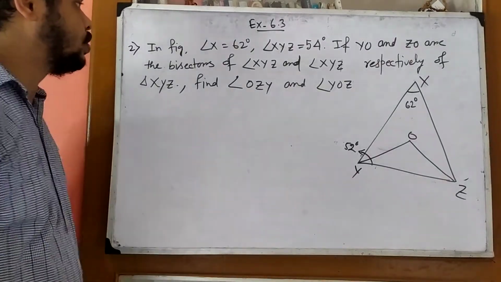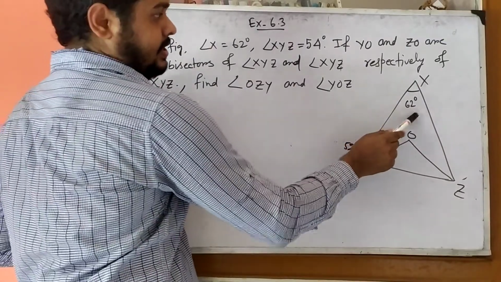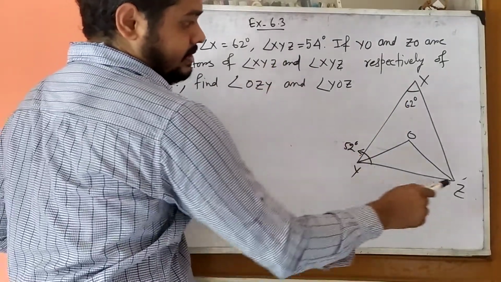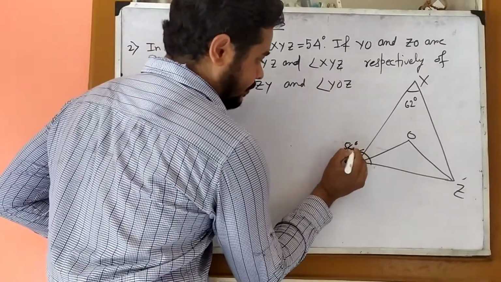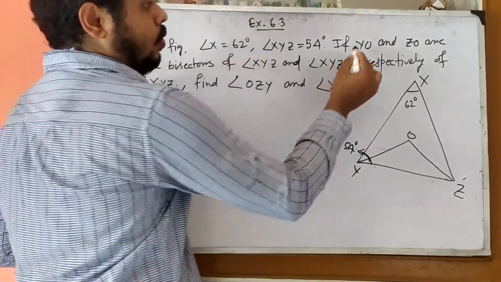Now problem number 2. In the figure, angle X is 62 degrees, and angle XYZ is 54 degrees. This means this whole angle is 54 degrees.